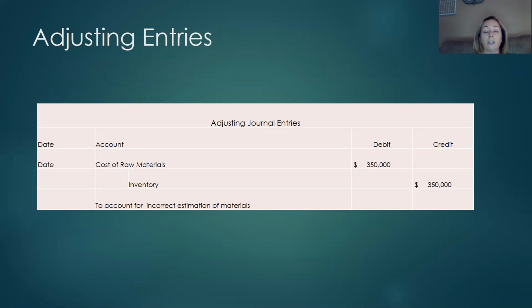And the same thing, very similar to the other journal entry, you're going to see the first one being your date column, your cost of raw materials is the account, and that's debited $350,000. And then the inventory column is the credited account, underneath there, indented, with $350,000, and the description underneath it to account for the incorrect estimation of materials.